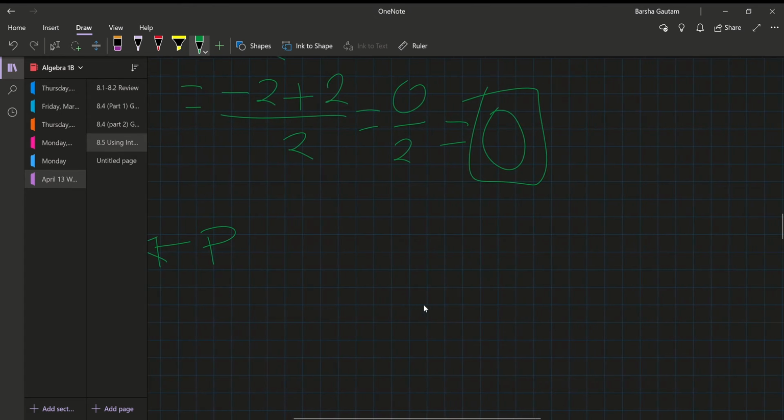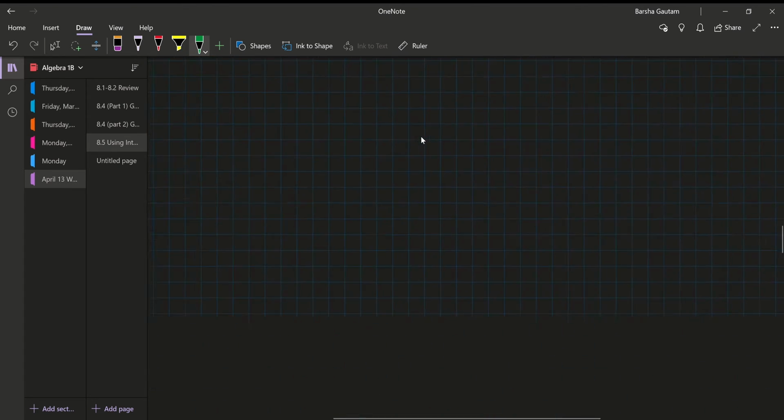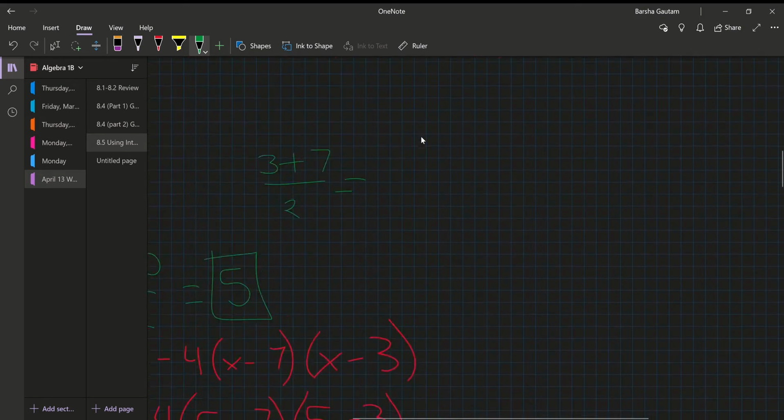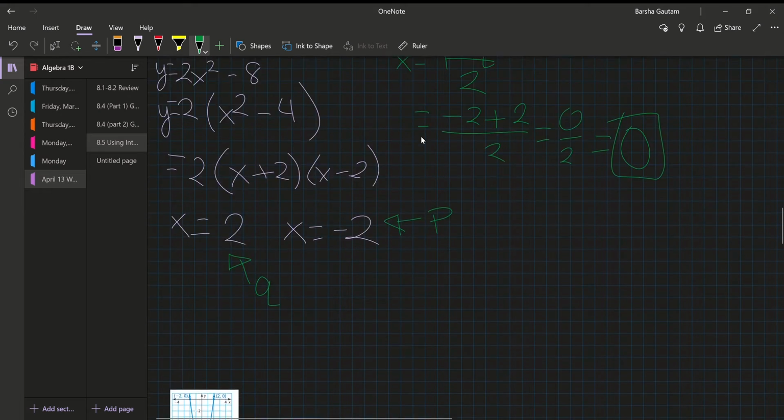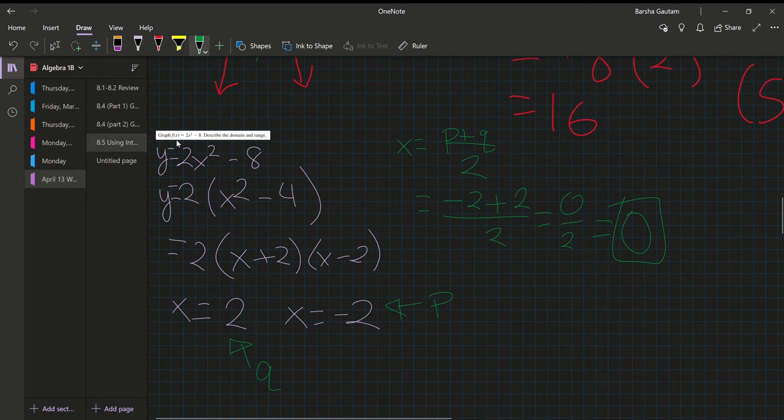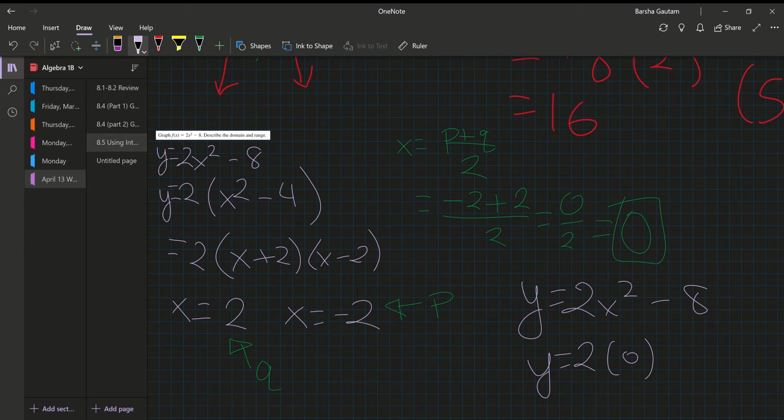Hopefully you guessed it right. If we plug in this 0, which is our x value, it will let us know what our y is. So let's see, our equation here is y is equal to 2x squared minus 8. Let's go ahead and replace the x with 0.